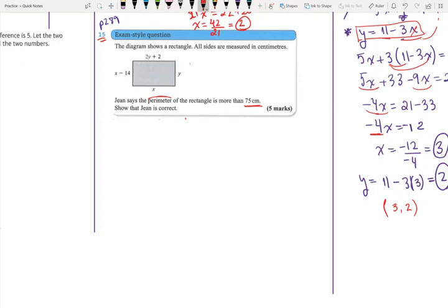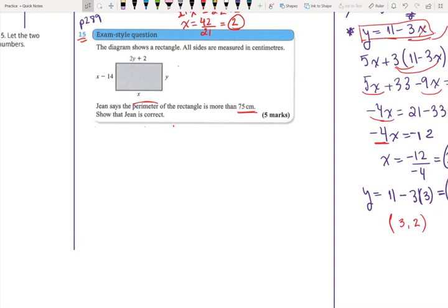So this is the way of thinking. So again, I'm going to repeat. The way of thinking is first to find the value of y and the value of x, then replacing these values in order for us to find the length and the width, then we need to find the perimeter of the rectangle.